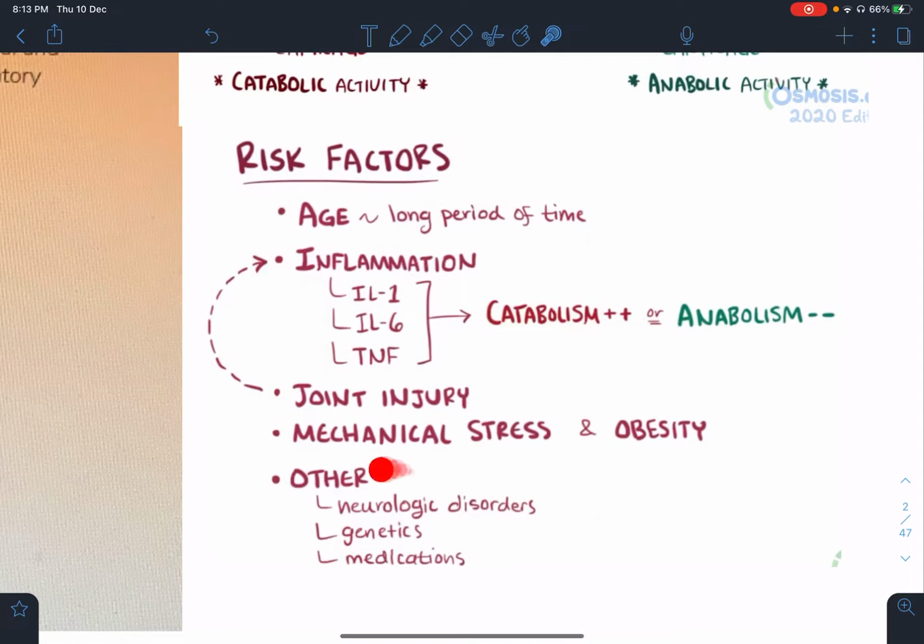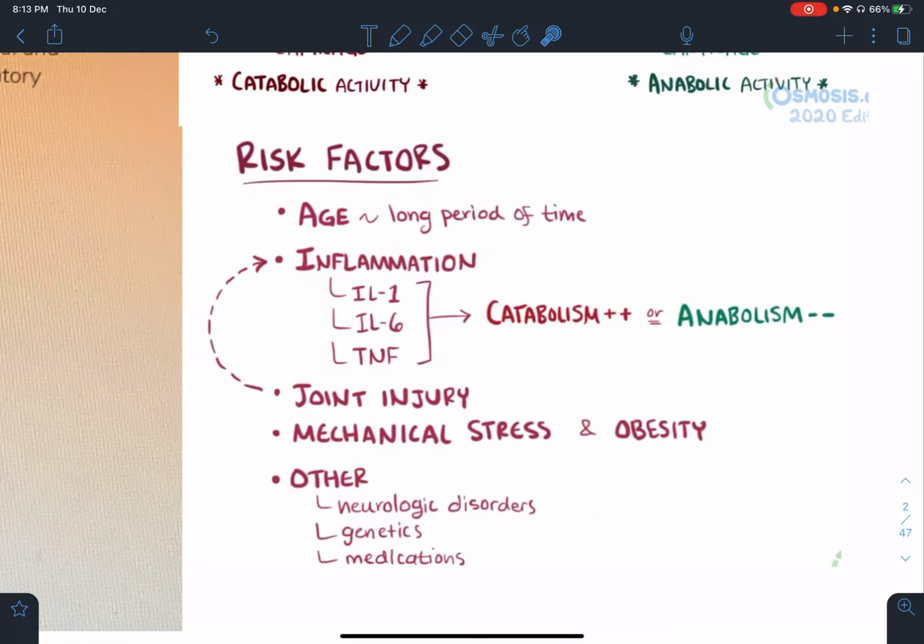And other causes زي neurological disorders and genetic and medications can also lead to osteoarthritis. Or as like any other thing, having a joint injury, a fracture or dislocation can increase the risk of having osteoarthritis.